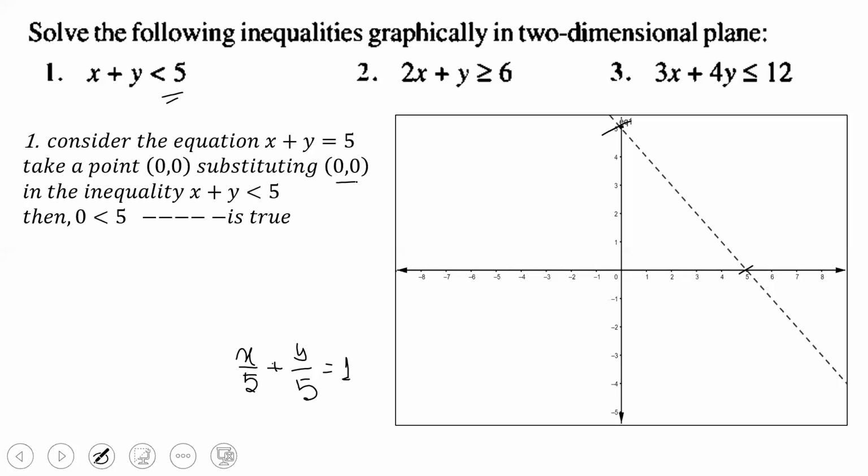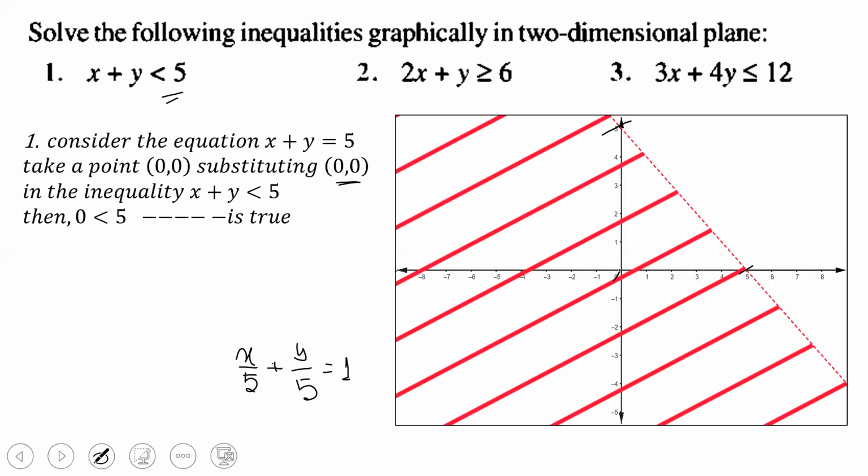So whenever we substitute the value 0, 0, that is the origin, and it satisfies the inequality, that means the solution region is always towards the origin. So all the points present in this area, the shaded portion, are the solution for this inequality x plus y less than 5. Clear?